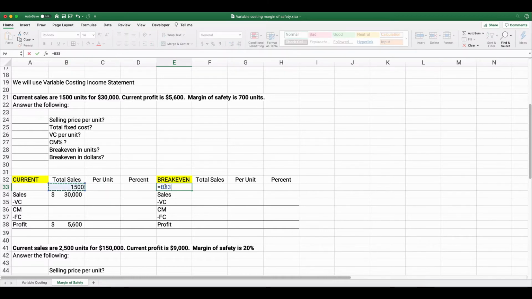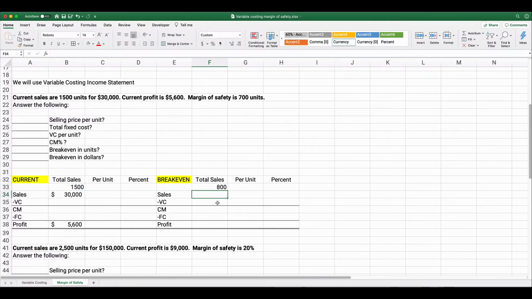So 1,500 minus 700 gives us 800 units. So we know our break-even point is 800 units because our margin of safety is 700. We're 700 above the break-even point.